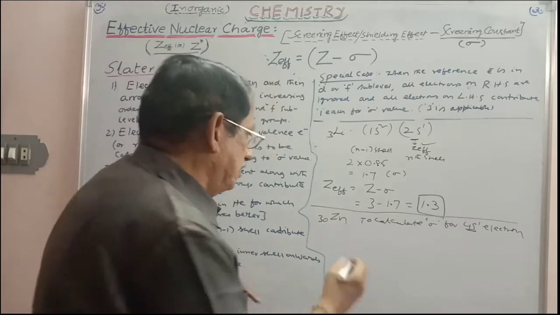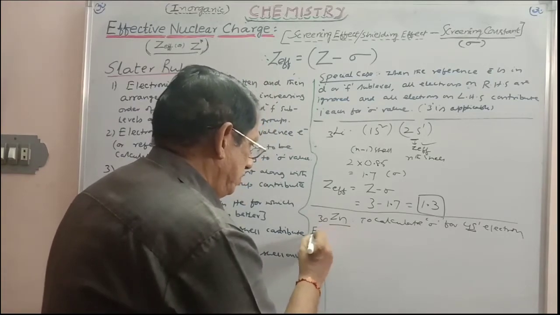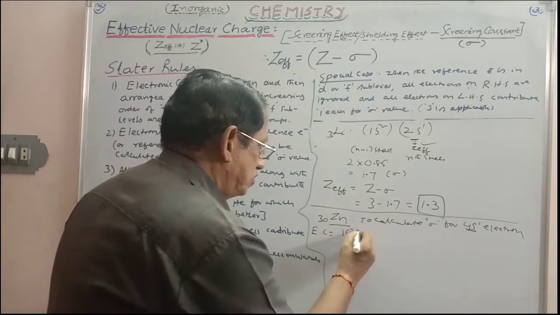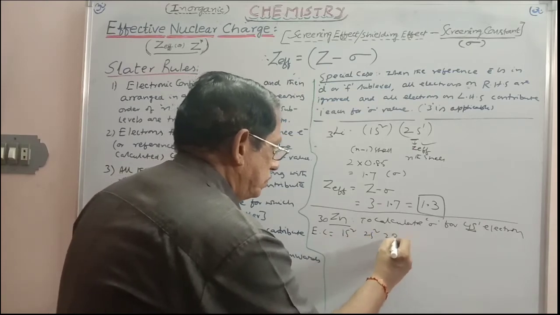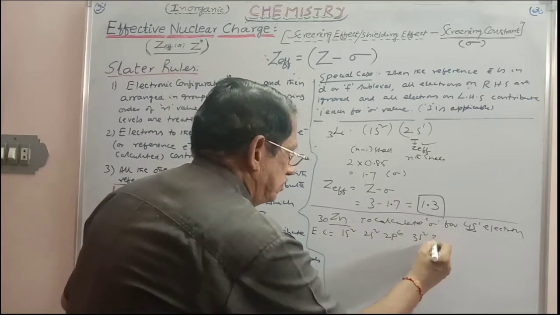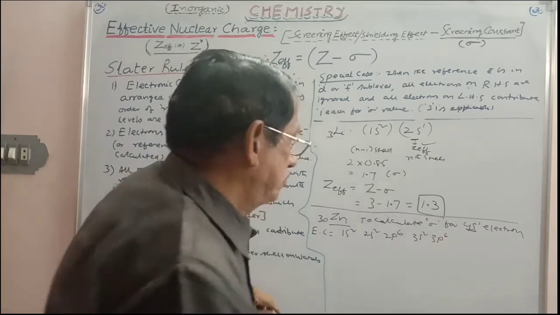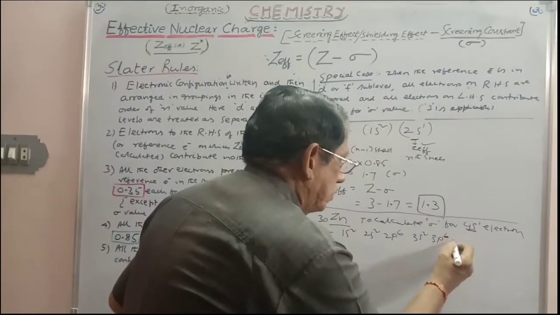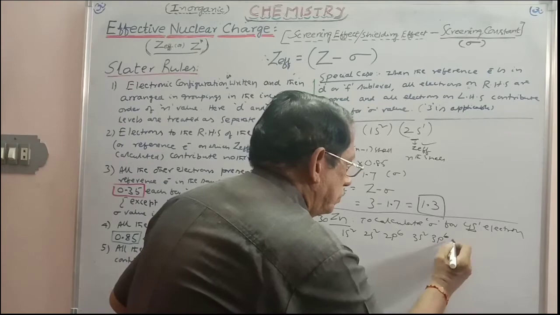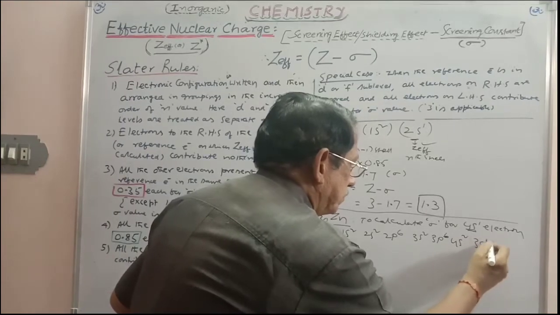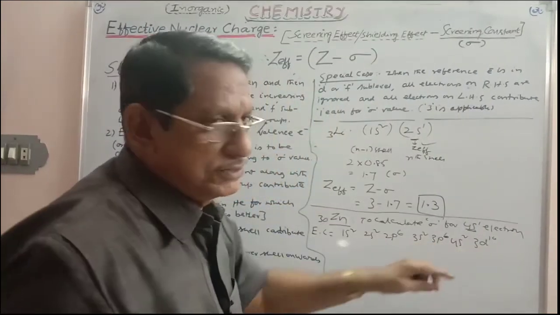So write the electron configuration then. EC is equal to 1s2, 2s2, 2p6, 3s2, 3p6, 4s2, 3d10. This is the electron configuration. No doubt it is right.